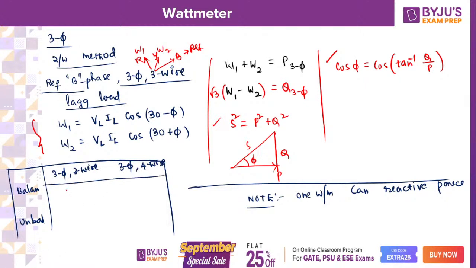The system is balanced or unbalanced, 3-phase 3-wire or 3-phase 4-wire, where the 4th wire is neutral. To measure the active power, 2 wattmeters are required here and 2 here. For a 3-phase 4-wire balanced system, 1 is enough, but very rarely sometimes they'll give you 3 also. And for unbalanced, definitely you require 3. So these points you need to remember.